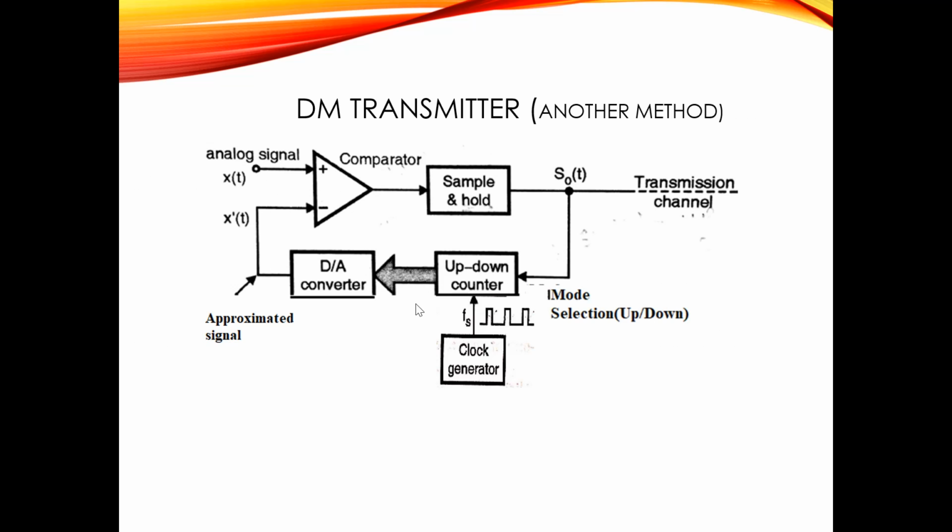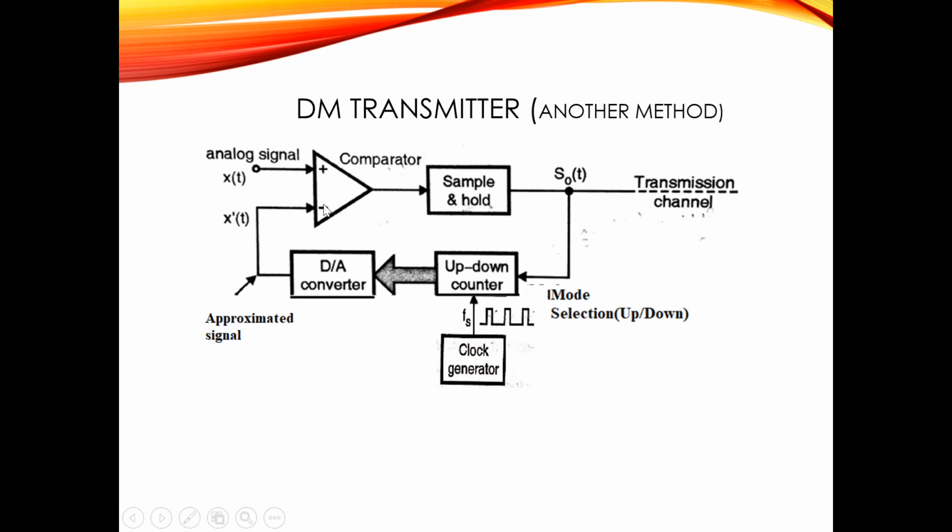Now one more method we have for the delta modulator system. Here we can see an analog signal x of t and x dash of t, that is the output of the feedback network, that is from the D to A converter. So here the same comparison is done between input signal and approximated signal.